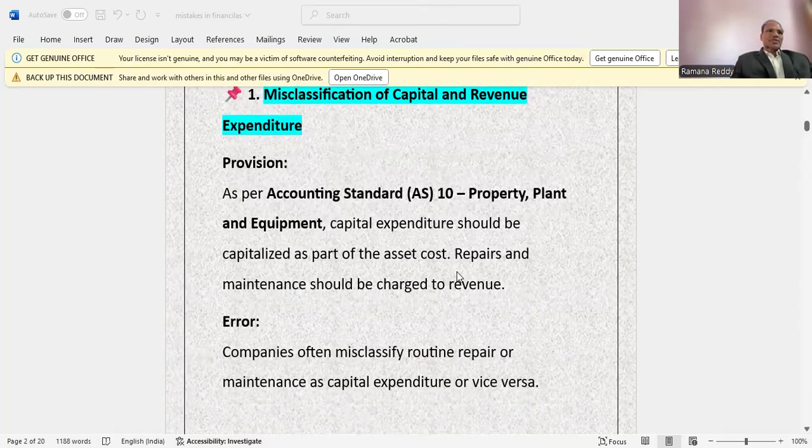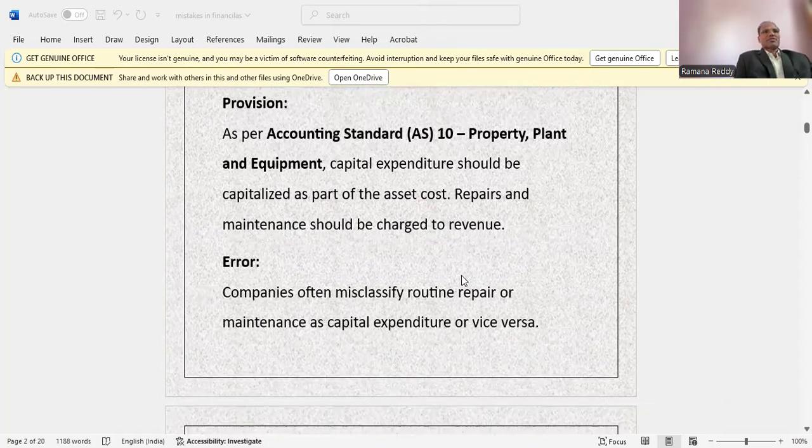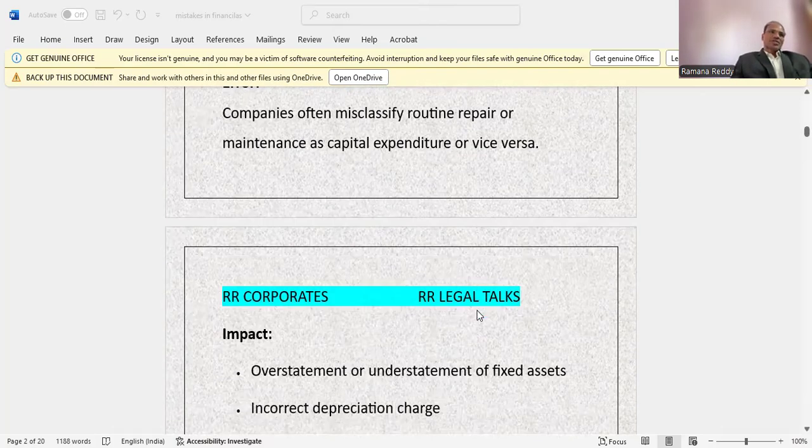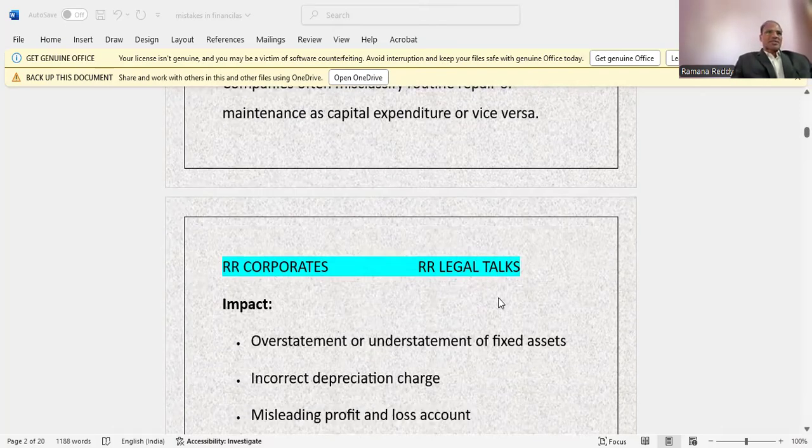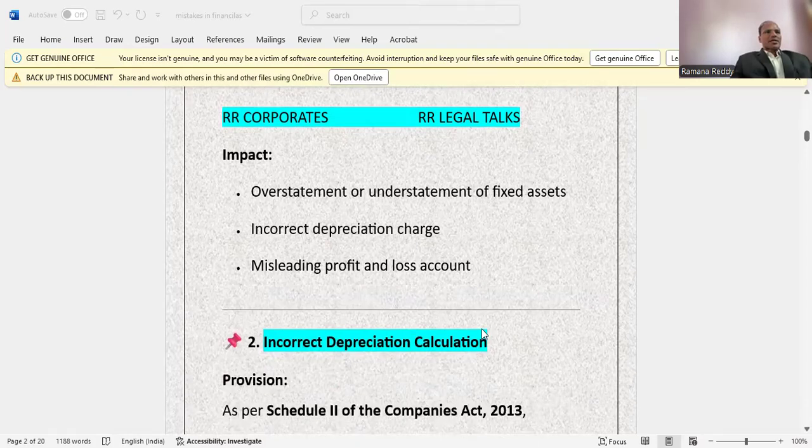But the error we see in many cases is that companies often misclassify routine repairs or maintenance as capital expenditure, or vice versa. This would impact overstatement or understatement of fixed assets, incorrect depreciation charge, and a misleading profit and loss account. This would be the impact.